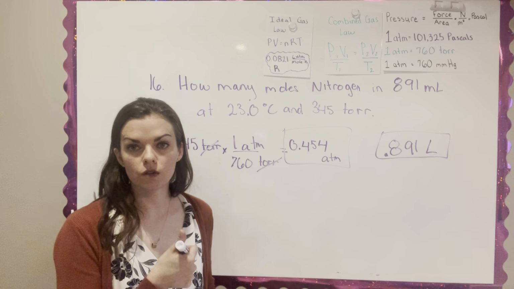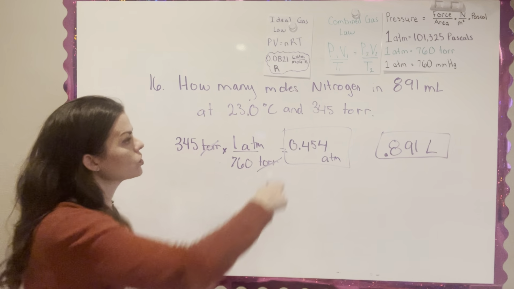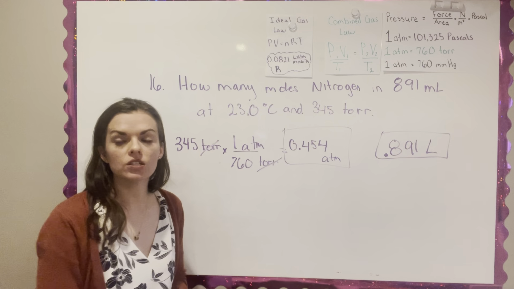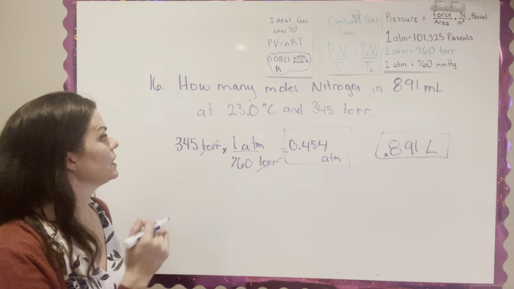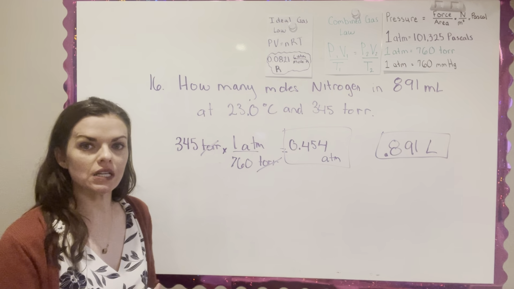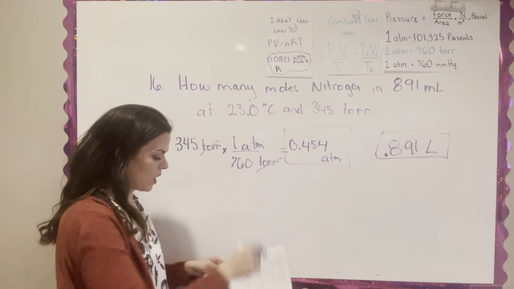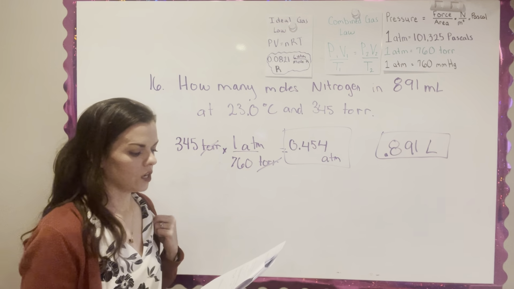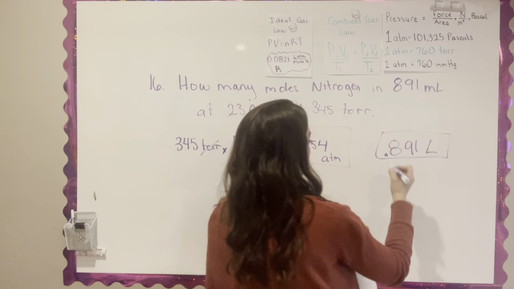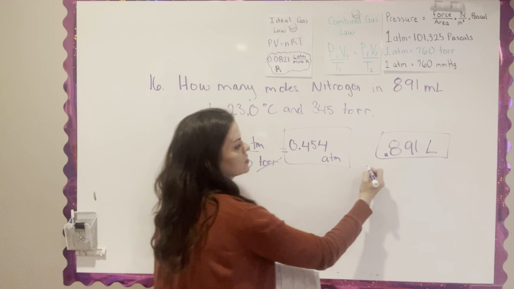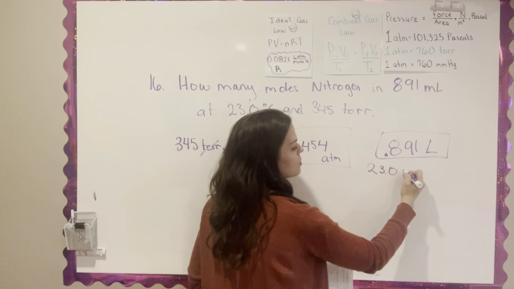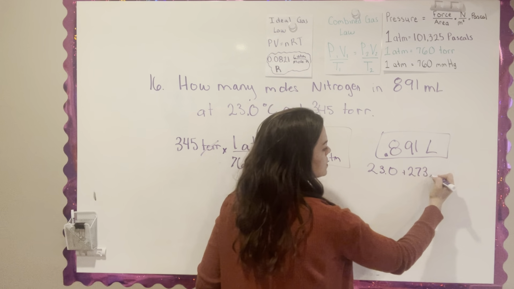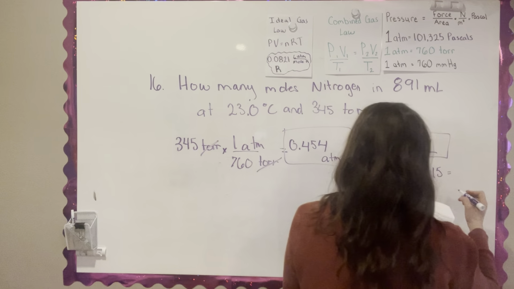There's one other conversion. Since it's a gas law, we have to have our temperature in kelvins, and it would be way too easy if they gave it to us in kelvins. So I'm going to take 23.0 degrees Celsius and convert it to kelvins. To do that, you just take 23.0 and add 273.15.